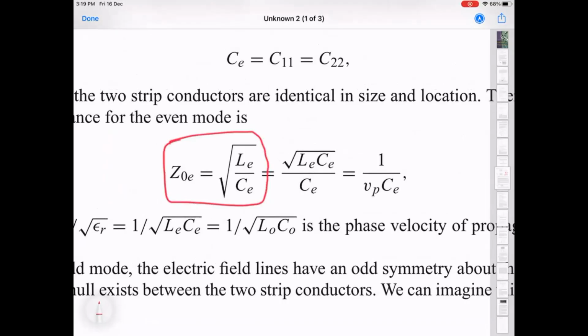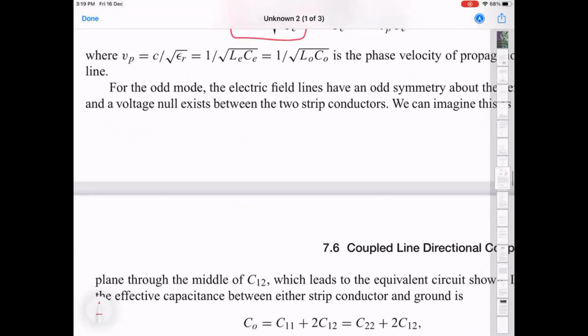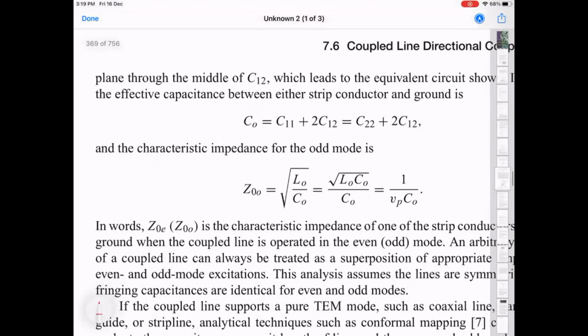So this is Z0e, okay? It's not, this is 0 and not O. And similarly, you can write one for the odd mode as well. But the odd mode now has this extra capacitance here.